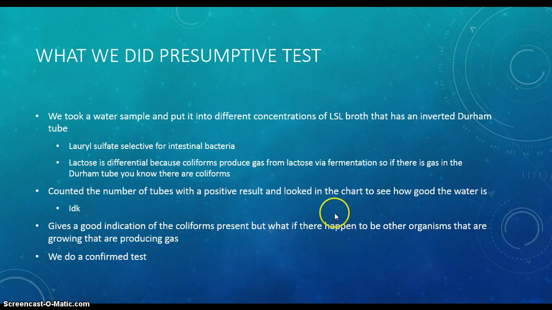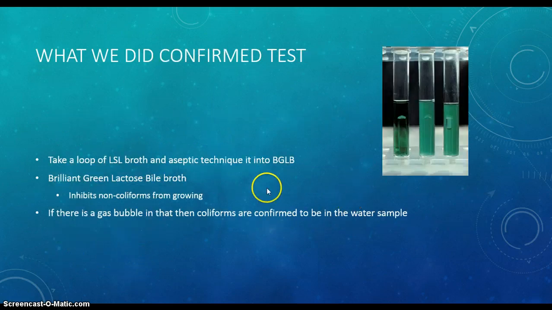But what happens if there just happens to be other things that are growing in that tube? So to see that, we do a confirm test. And with the confirm test, we use that brilliant green lactose bile. So we take a loop of LSL and put it into the brilliant green lactose bile, which has this bright green color. And again, it has an inverted Durham tube because it has that lactose component.